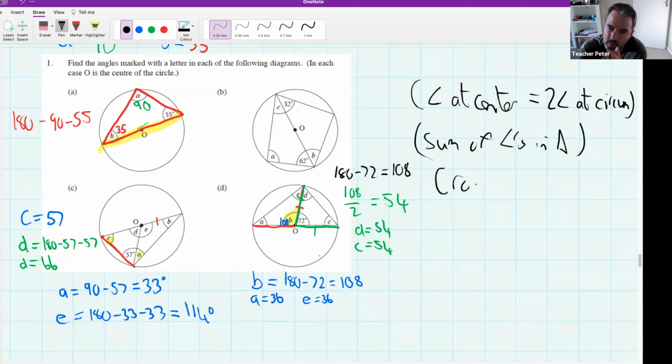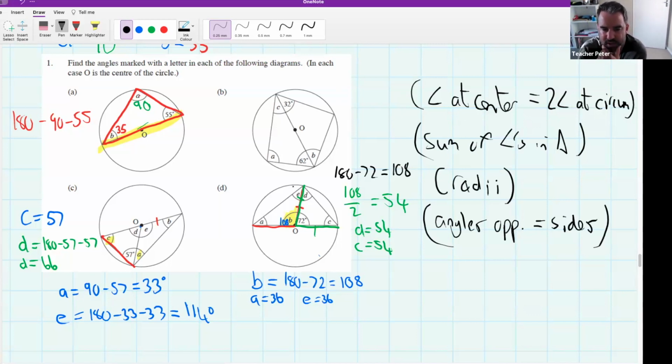We could also use radii, or angles opposite equal sides. That would be D and C. They are angles opposite equal sides. So those are some of the reasons that we would use.